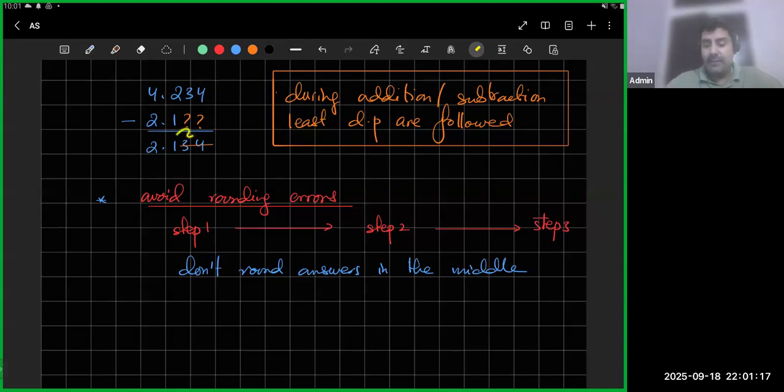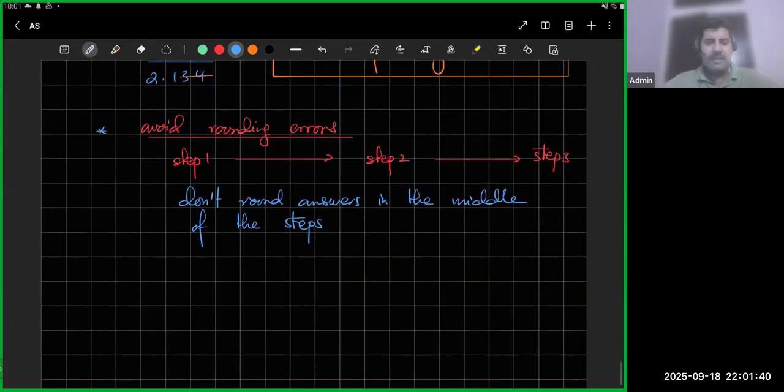If the same value is being used in another calculation after that step, you take the same value forward so that you don't get a rounding error. So don't round answers in the middle of the steps, at least not on your calculator. While writing on paper, you're going to round it off up to the appropriate significant figures. Right? Is that clear? Yes, sir.